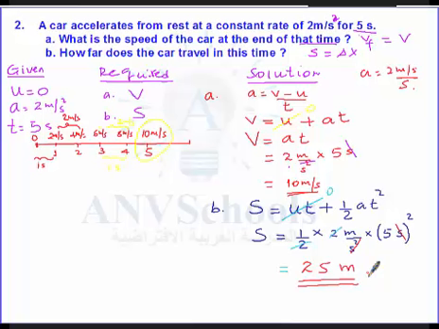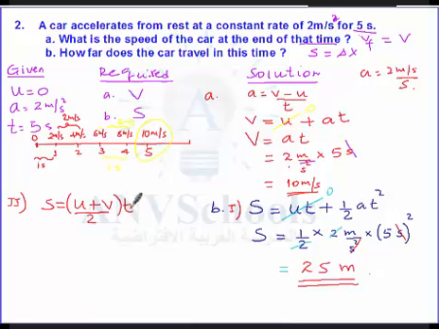This is the first method. Let me show another way. The second method is to use the formula distance equals initial speed plus final speed divided by 2, multiplied by time. That is because distance is defined as the average speed of the object multiplied by its time.